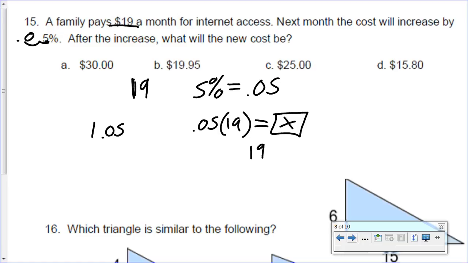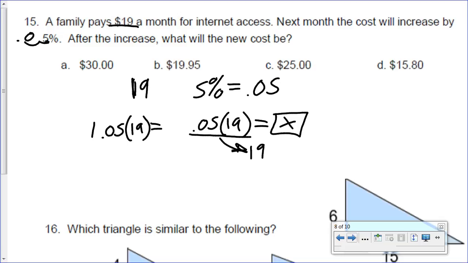Because we know if we multiply anything times 1, it just produces that same thing again. So if we multiply that times 19, that would be the same as multiplying it by the 0.05 and then adding it back to the 19, okay, like that. Well, that 1 sort of keeps the 19 there, but it also multiplies it times the 0.05, and in both cases you will get the same answer.